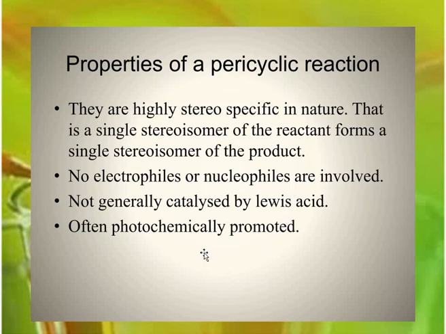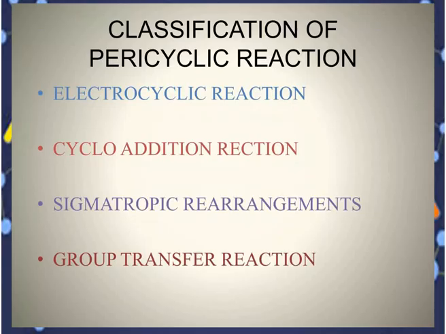As I told you and previously explained, properties of pericyclic reactions, they are highly stereospecific in nature. Now, what is stereospecific? I will talk later. That is, a single stereoisomer of the reactant forms a single stereoisomer of the product. No electrophiles or nucleophiles are involved, not generally catalyzed by Lewis acid, often photochemically promoted, as you have seen.